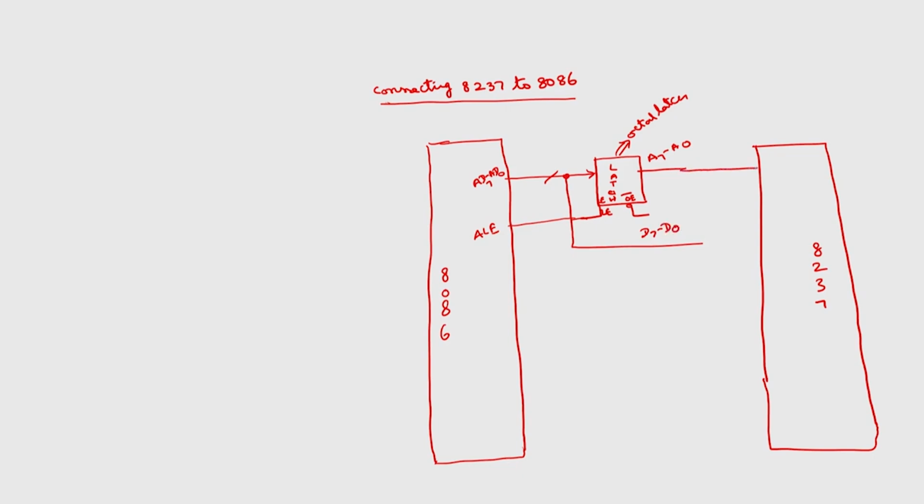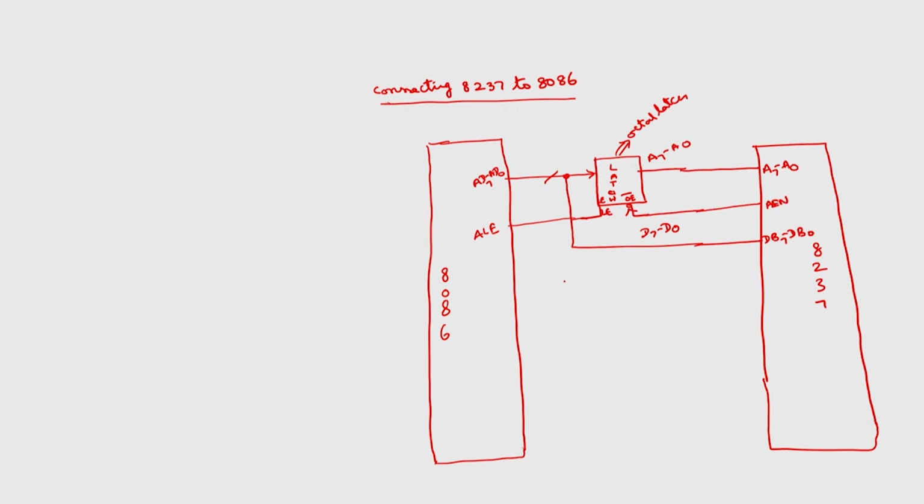So this has to be connected to the corresponding address bus of 8237. This is address bus, this is DB7 to DB0. And this output enable bar will be connected through the address enable line of 8237.